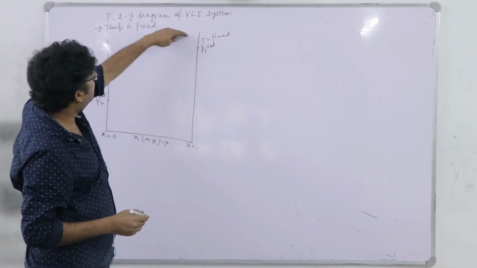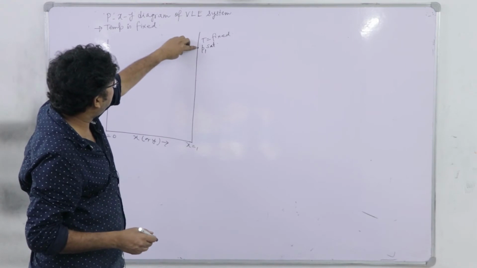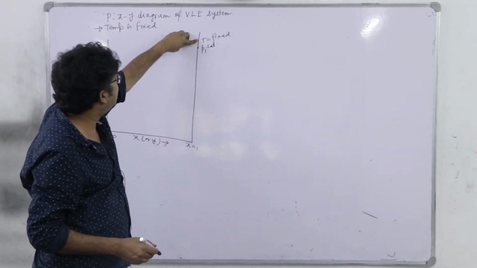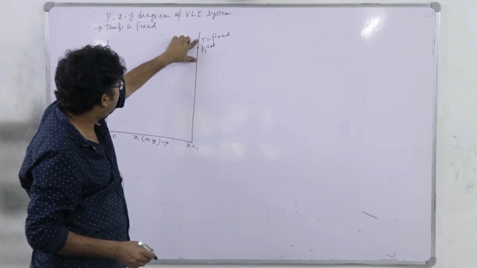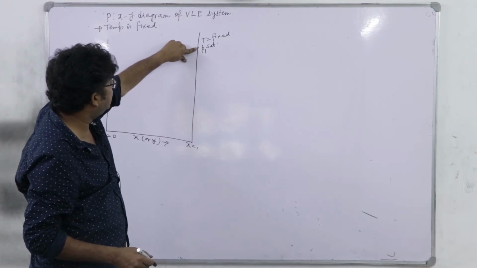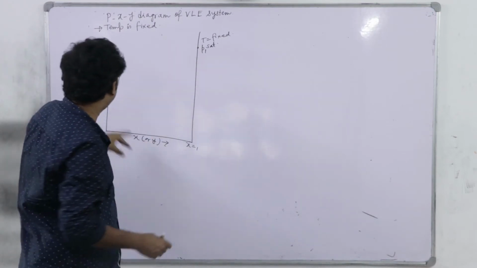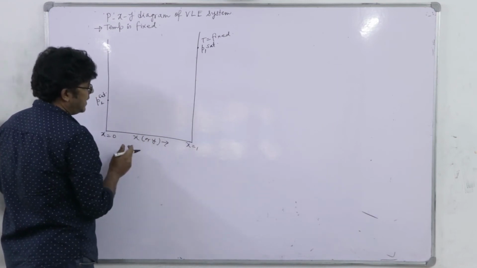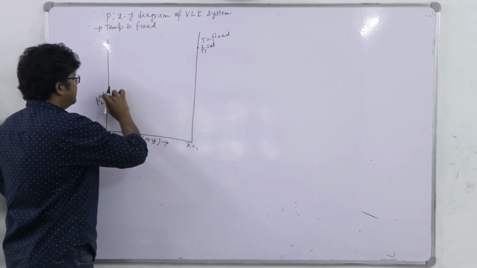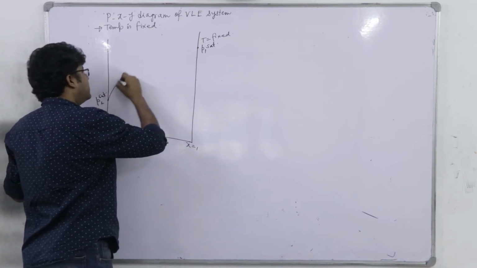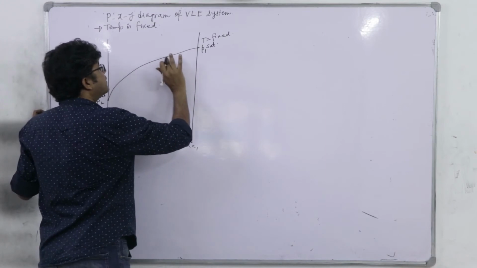So above P1 sat, if I think of pure component 1, here we will have pure vapor phase, superheated vapor phase, and here we will have subcooled liquid phase, right? This is basically the boiling taking place. Once we move into the space of this phase diagram, it will enlarge just like the Txy plot. So the nature of the curve will be something like this.